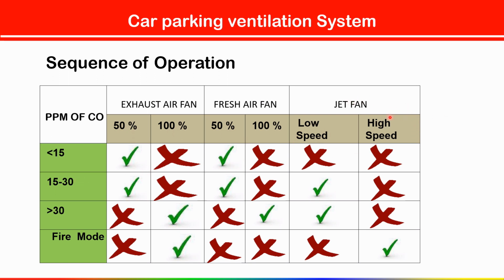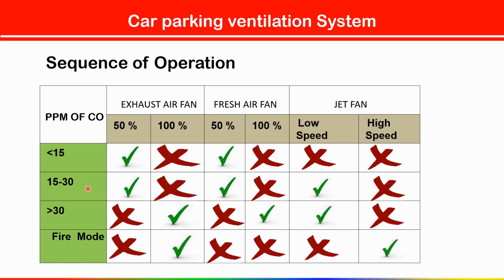But in that case, we don't need to run the jet fan. The fresh air fan and exhaust air fan can exhaust that much amount of air from the basement. But if your carbon monoxide level in the basement is between 15 to 30 ppm, at that time the fresh air fan is running at 50% speed, and the exhaust air fan is also running at 50% speed.